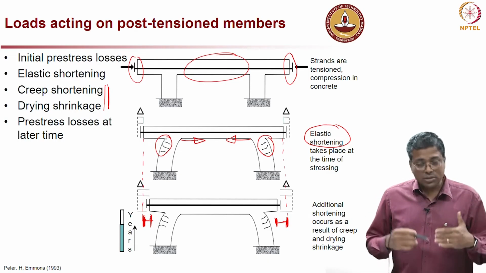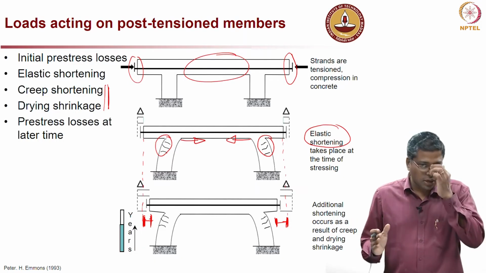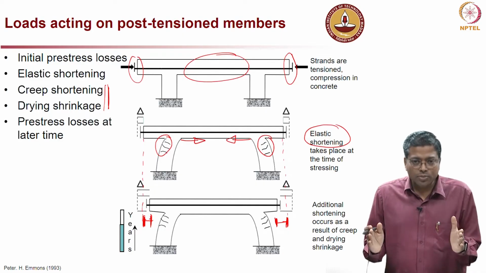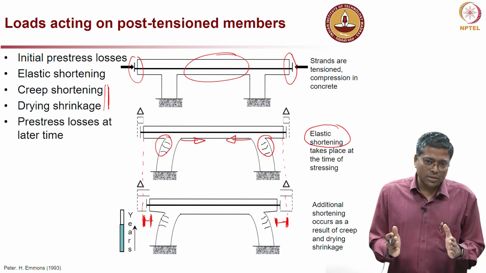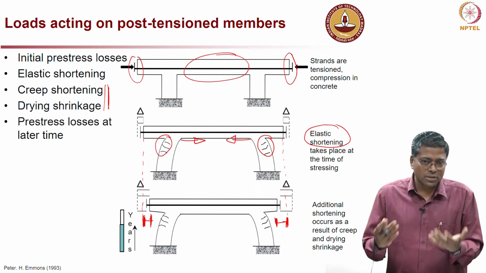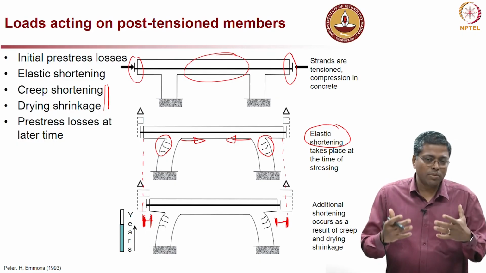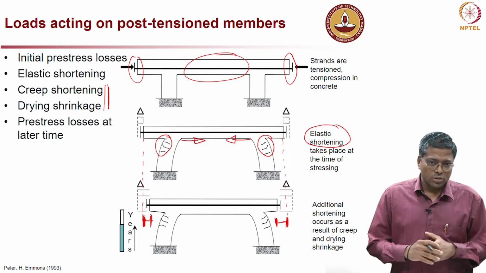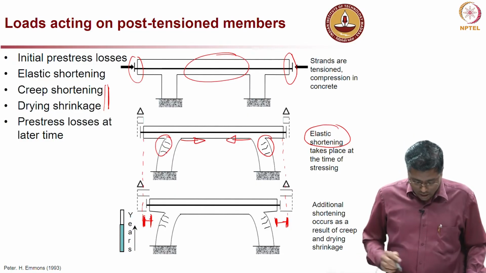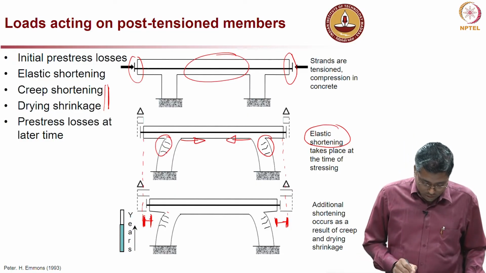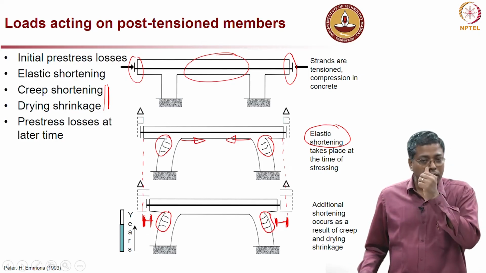And pre-stress losses can also happen, because when there is creep and shrinkage happening, the length of the strand is also decreasing. When the length of the strand is decreasing, that means there will be a loss in pre-stress. So, all these factors will have to be considered, and then the type of cracks can tell us what is really happening in the structure.